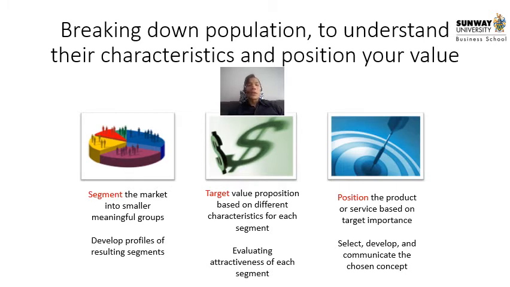So we evaluate the attractiveness of each of the segments. Once we know that, we can position our product or service based on the target importance. That's where we select, develop, and communicate the chosen concept of our product or brand that will meet these targets where they said they are most attracted.